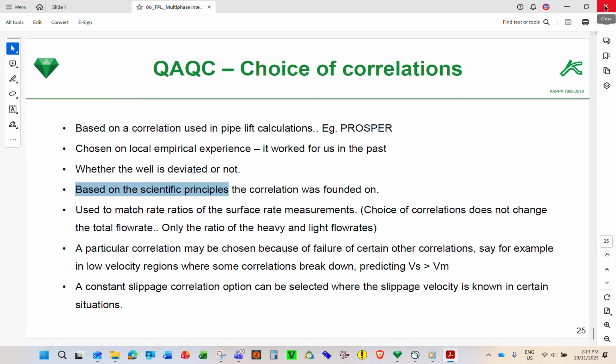Constant slippage. It's difficult to get that, but if you are using multi-probe tools, you don't really need the slippage, so just put constant slippage. There is no tool that can measure the slippage velocity at the moment.